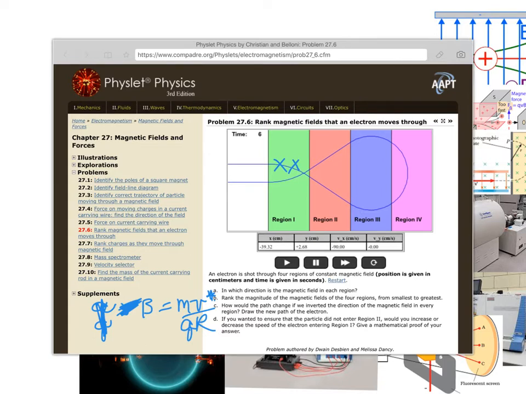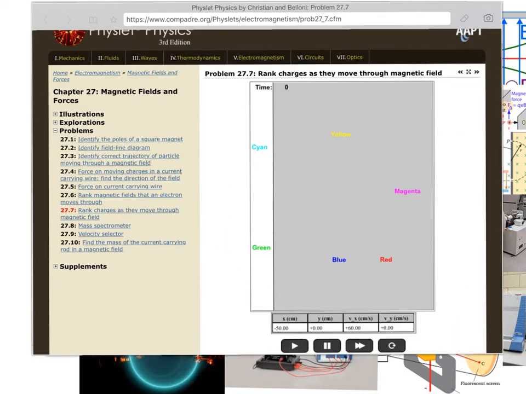Okay, so I think that's enough on this one. Let's move to the next one. Okay, next one. Let's see if it'll play for me. So we see we have 6 different particles coming in. So this is the same thing. Charged particles entering a magnetic field.